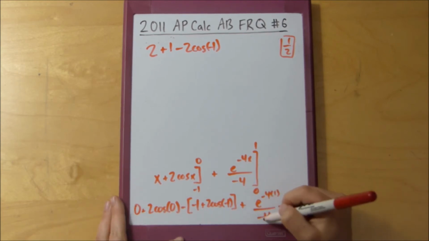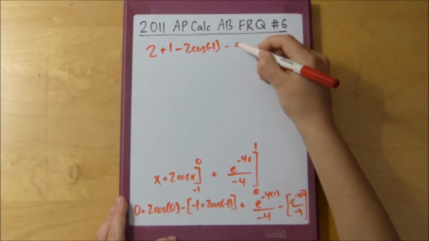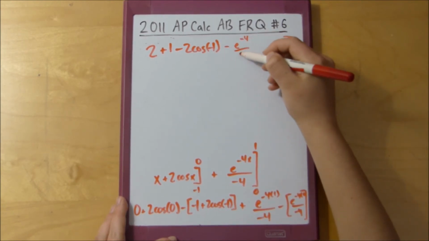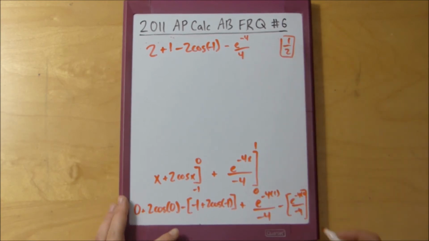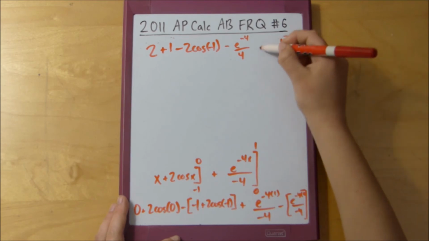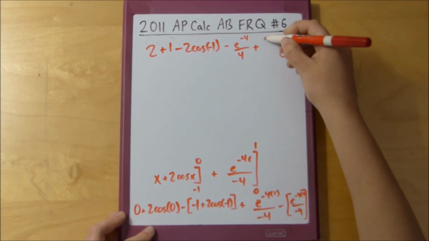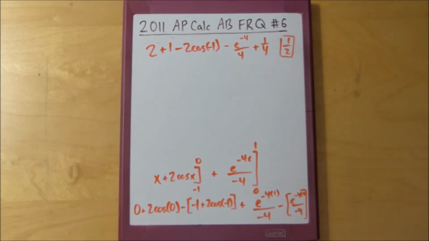Then we've got a positive and a negative, so that means this is going to be a minus e to the negative 4 over 4, alright? And then we've got a minus and a minus, so this is going to be plus e to the negative 4 times 0, that's just e to the 0th power, so plus 1/4, right?